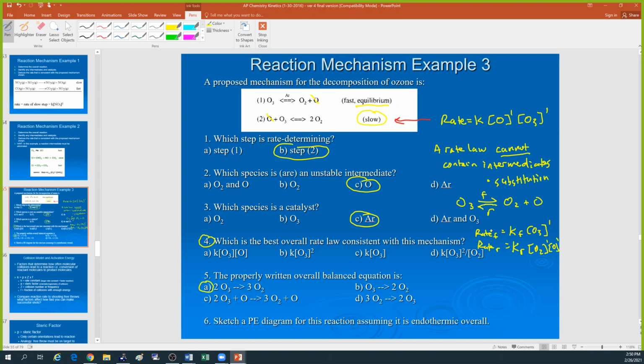And the key point here is because this is an equilibrium, these rates are equal. So we can say the forward rate law is equal to the reverse one.